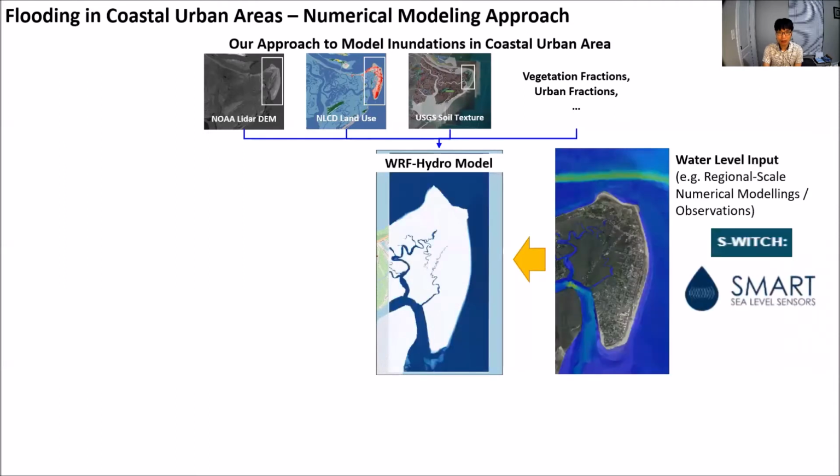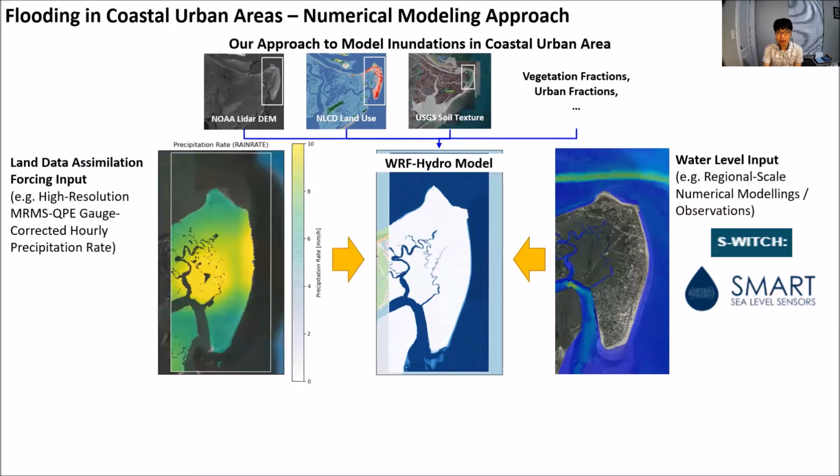In our model, once taking the land surface model input, such as elevation, land use, soil texture, and so on, it allows us to take water levels along the coast and tidal rivers or creeks. The water levels can be from any of the regional scale computations or observations, such as smart sea level sensors.